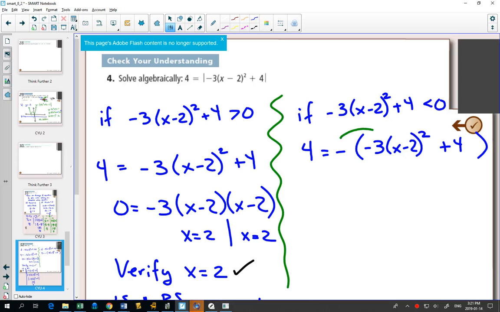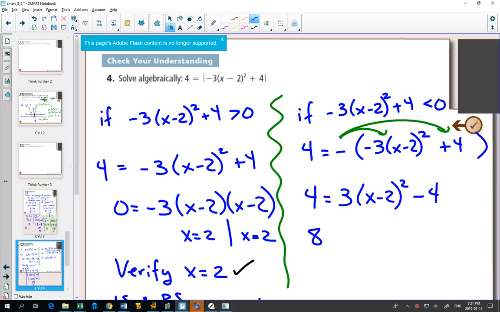Distributing that negative to these two terms would give us 3(x minus 2) squared minus 4. If I move the 4 over, I would get 8 equals 3(x minus 2) squared.